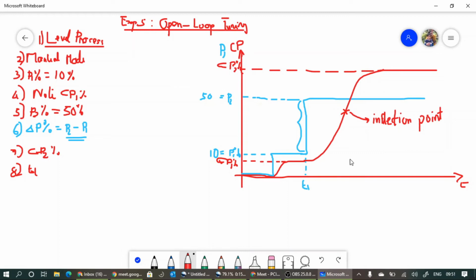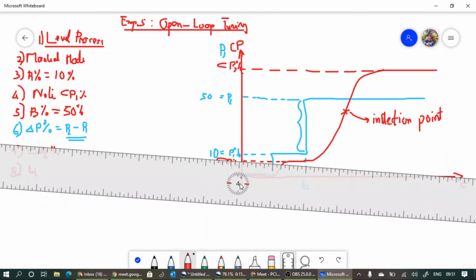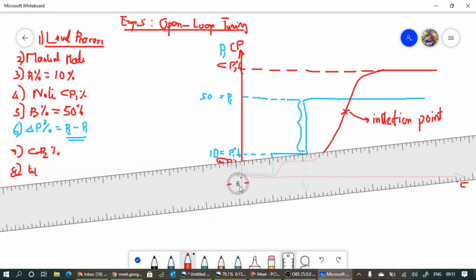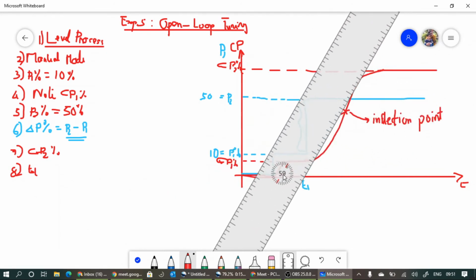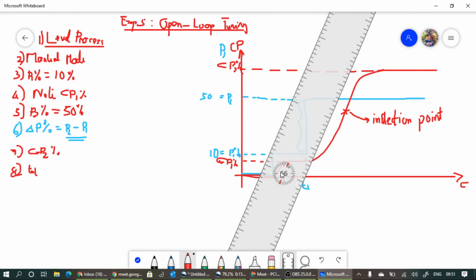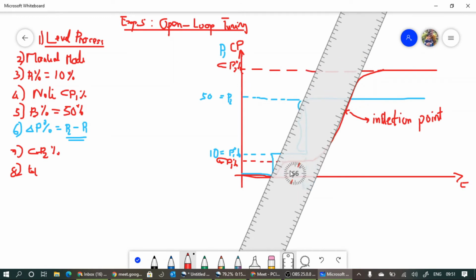So what you have to do is select the scale, then draw a tangent through this inflection point. What is a tangent? A tangent is the straight line that is parallel to a curve at a particular point. Now you can see that this is not parallel, right?